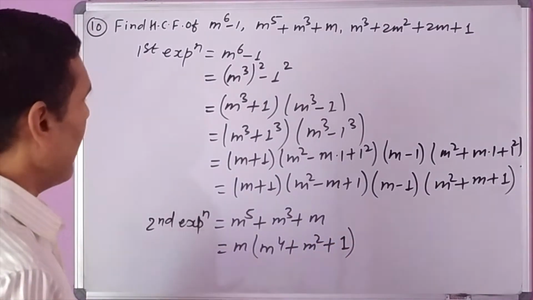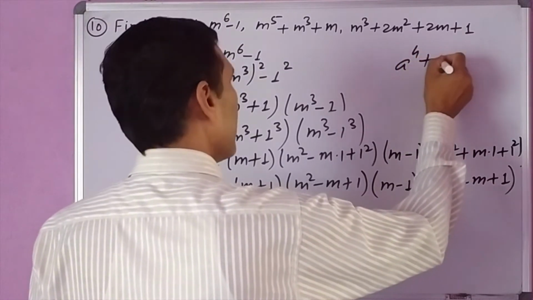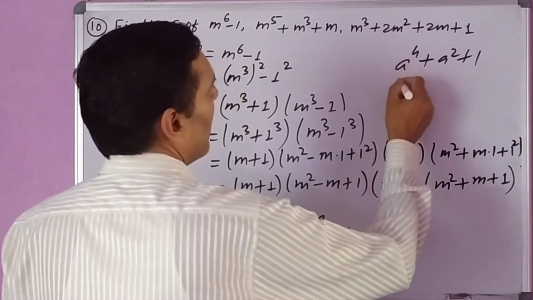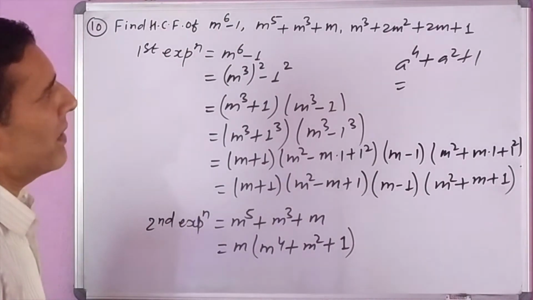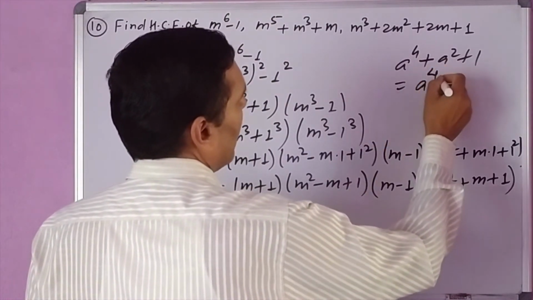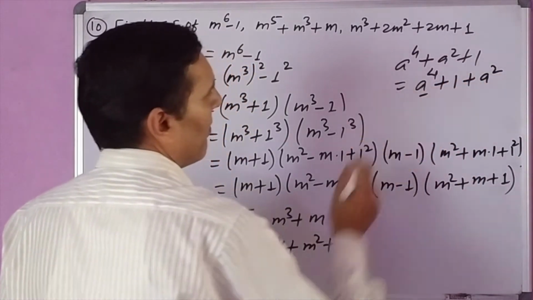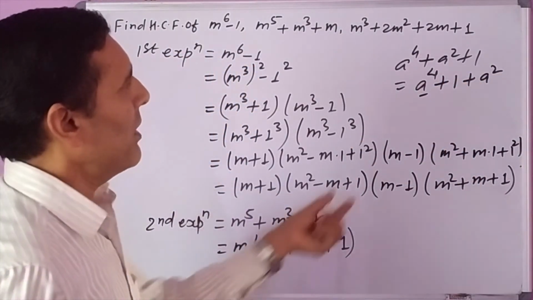Now how do we factorize this expression? It is in the form of a power 4 plus a square plus 1. We know the technique for factorizing this type of expression: keeping a power 4 and 1 together, the highest power of the variable and least power of the variable.